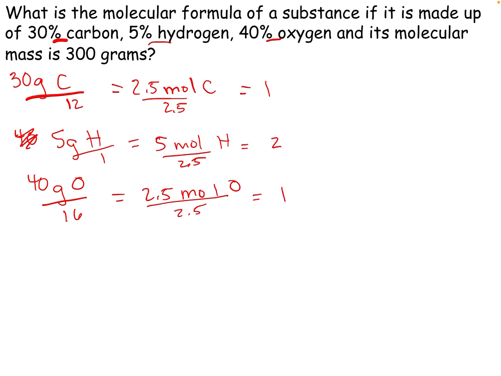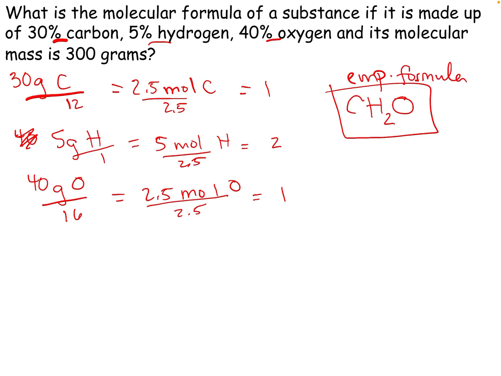What do I do with those ratios? Those are the subscripts. So I'm going to get C with a 1, H with a 2, and O with a 1. This is my empirical formula. Oh, look, it's the same empirical formula as last time. I just had to derive it this time.